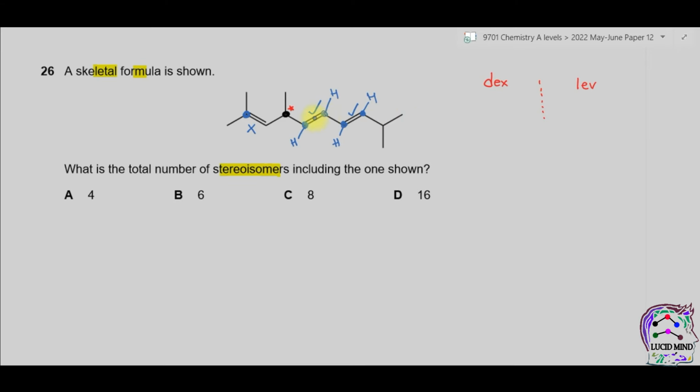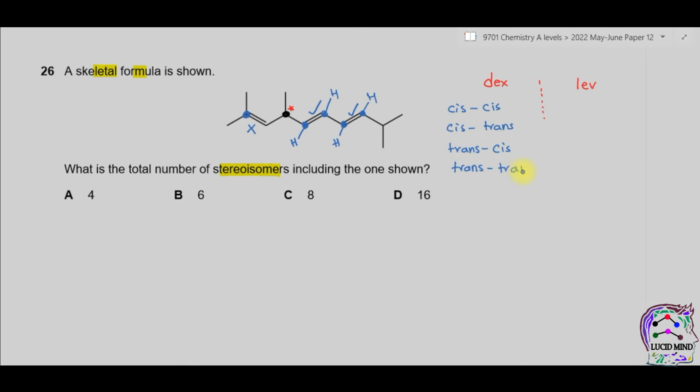So let's see the cis-trans in both cases. It could be cis-cis or cis-trans. One could be cis, the other one could be trans. Or we have the first one as trans, second one as cis, or both could be trans.